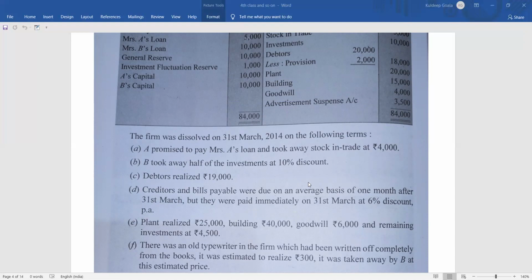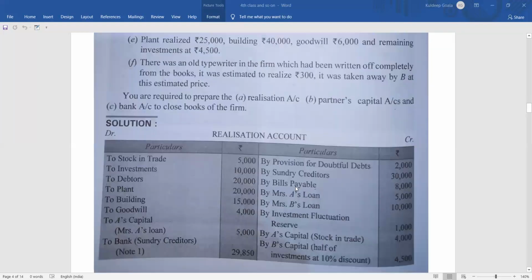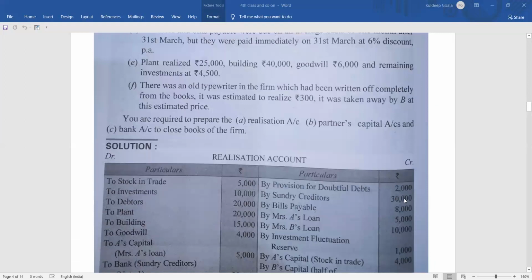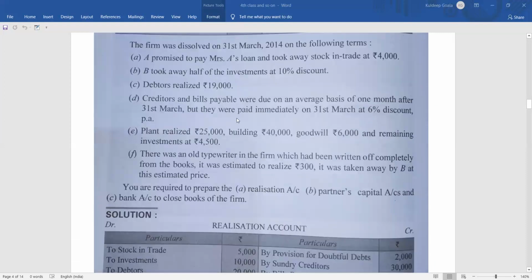Realization account will be credit because the asset is taken over, and B's capital account will be debit. B's capital account debit 4,500 to realization account. So realization credit side by B's capital account, half of the investment 4,500.